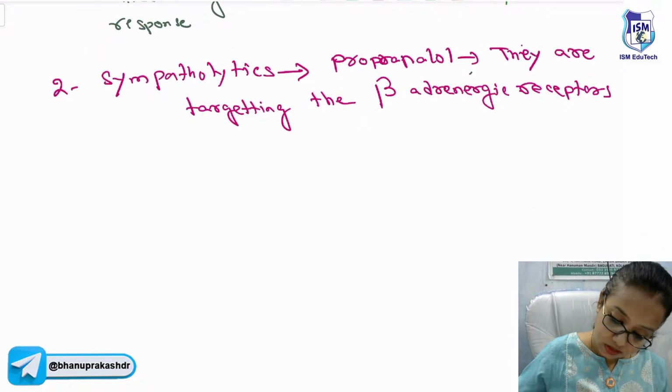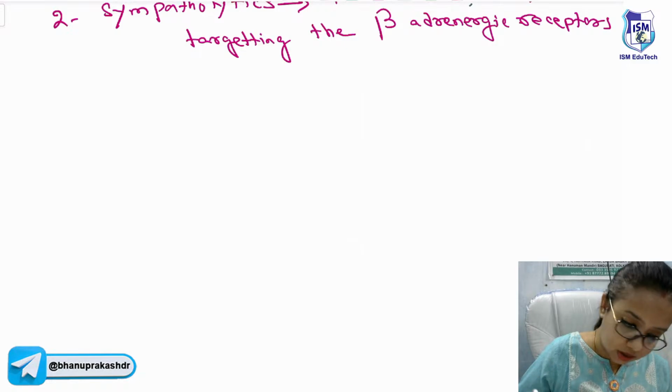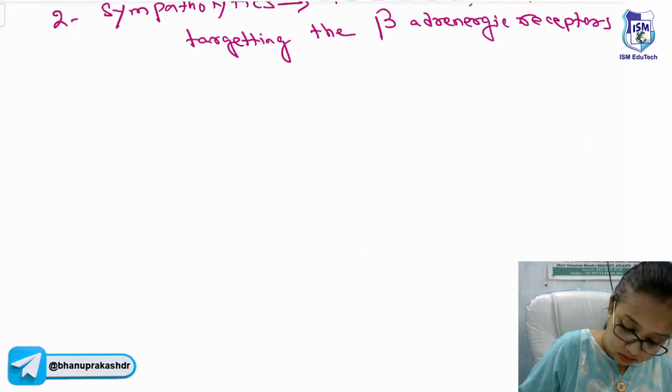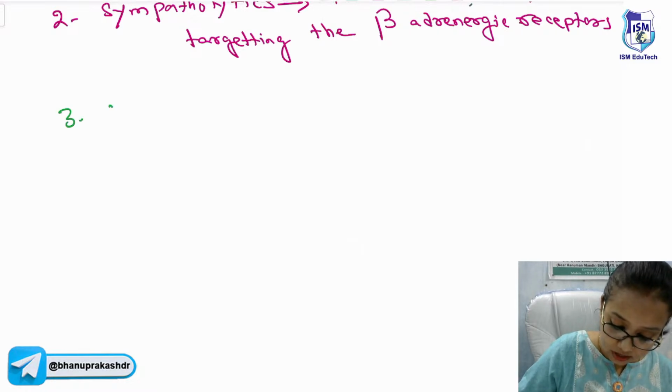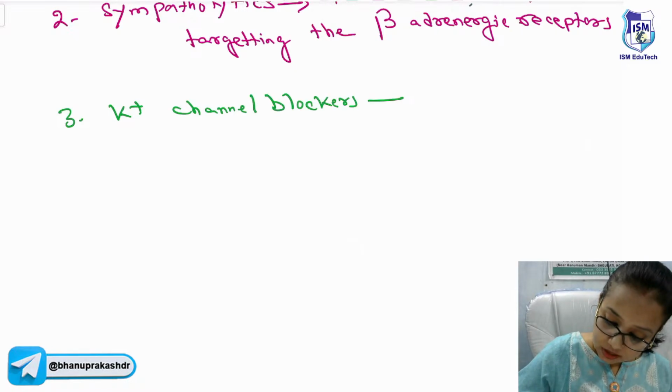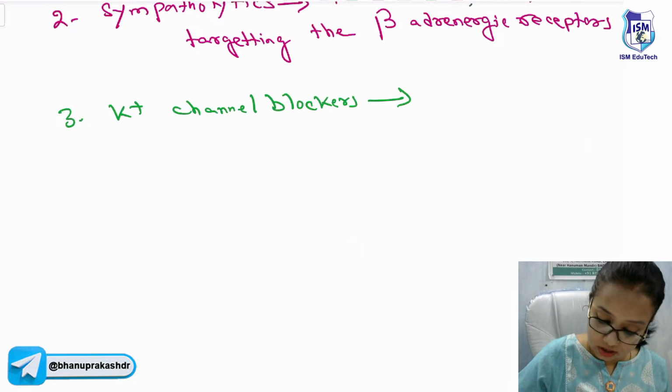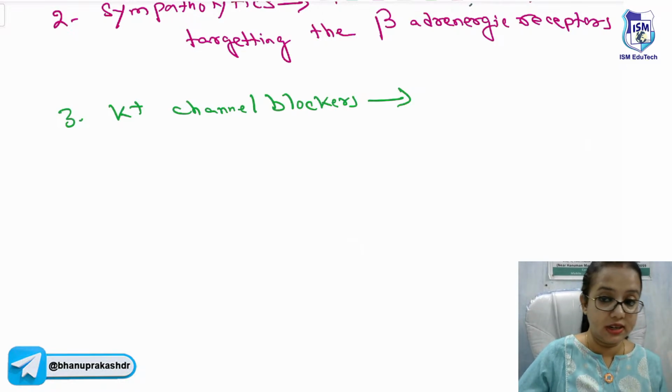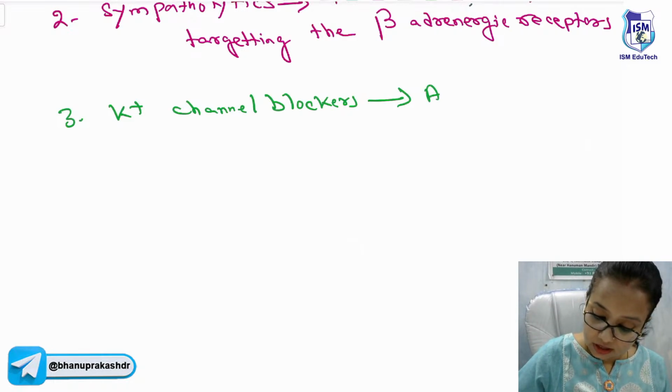Third, we have the potassium channel blockers. These potassium channel blockers also mainly target the fast response type, like amiodarone.